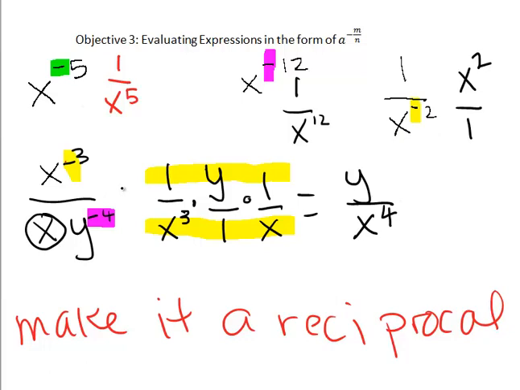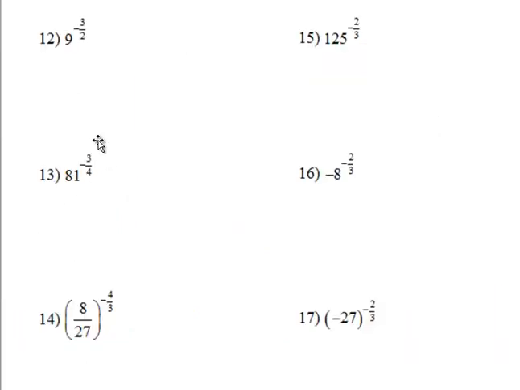So that's where we're going to stop for just a second, and then let's move on to working with fractional exponents that are negative. Here, I want to quickly remind you that if I have 9 to the 3/2 power, 2 is the index and 9 is the base.